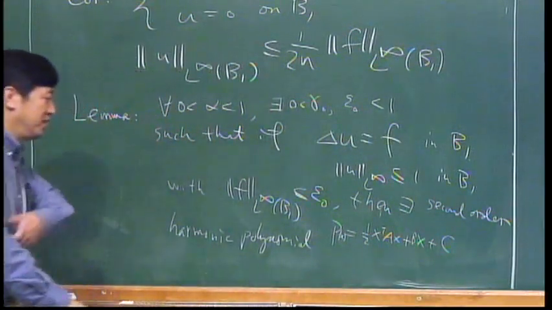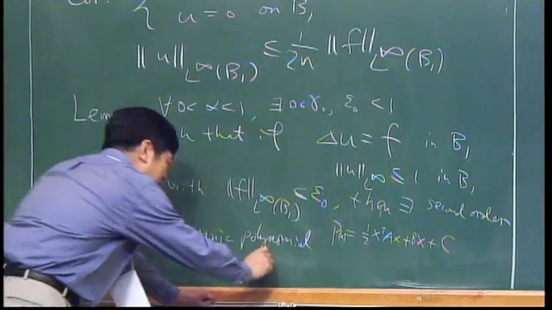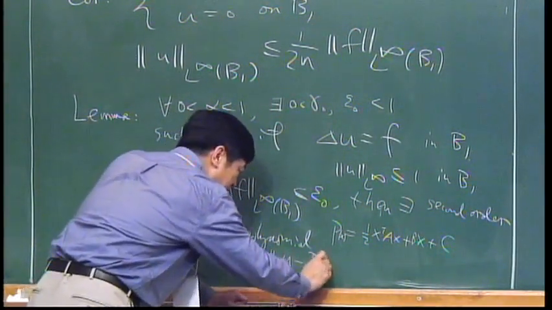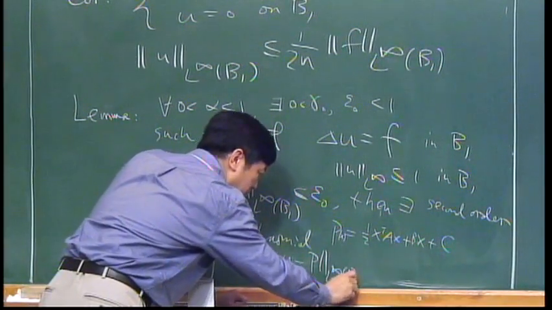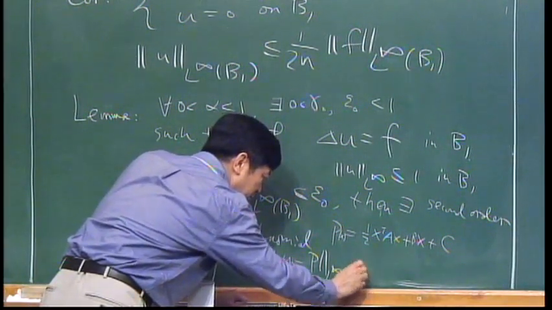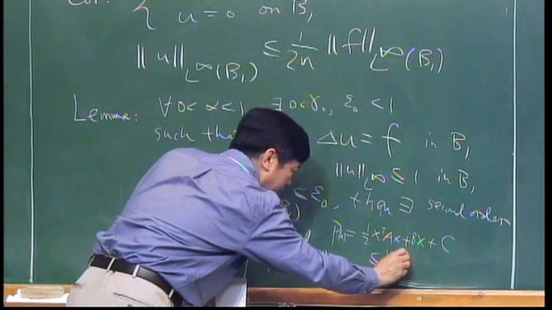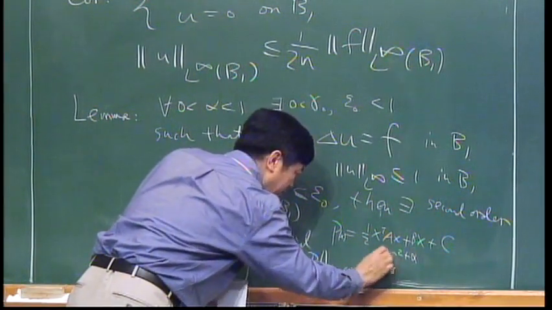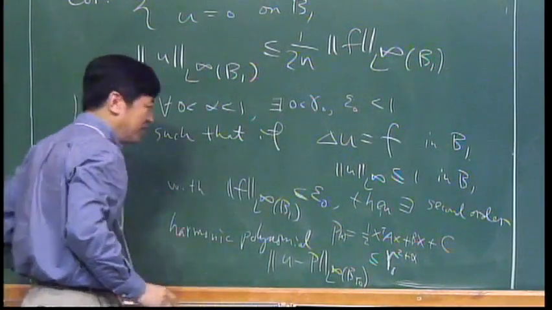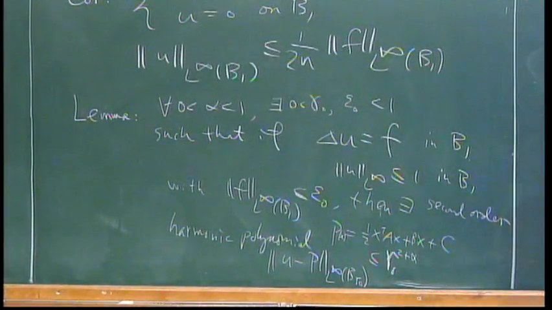I abuse the constant C very badly, such that the L infinity norm of u minus P on B_R0 is less than or equal to R0 to the 2 plus alpha. This is a little bit long, but let me draw the picture, then try to convince you that once I have that lemma, we are done. And that lemma is like a one-line proof.